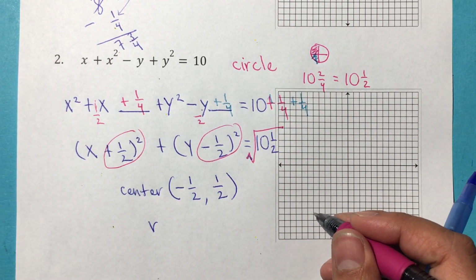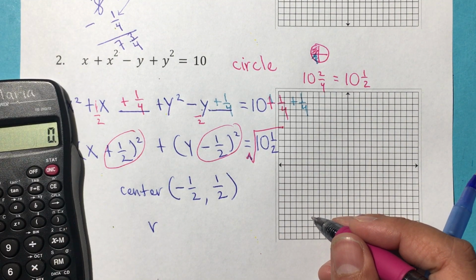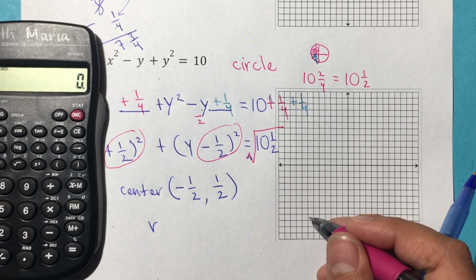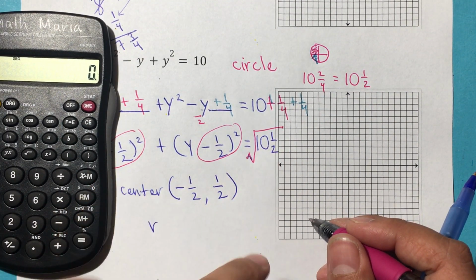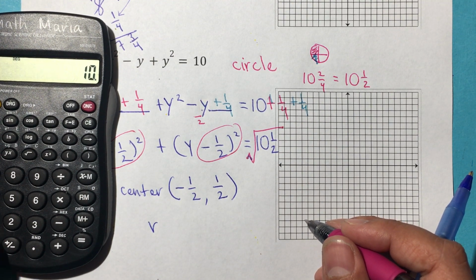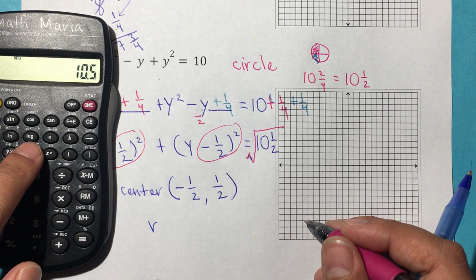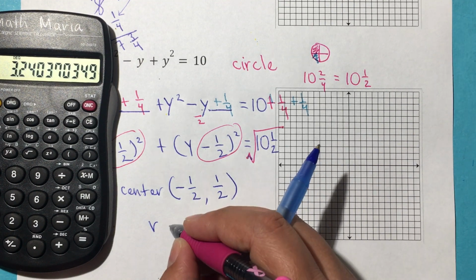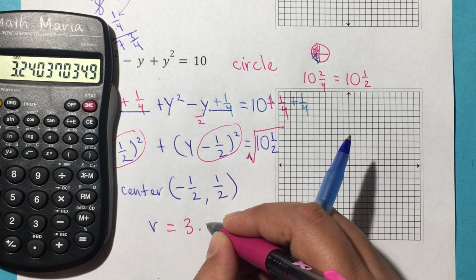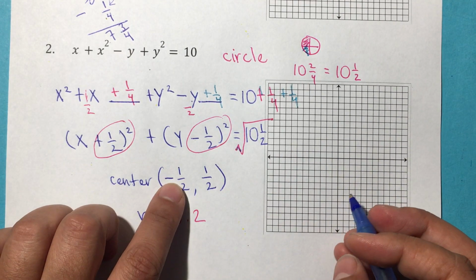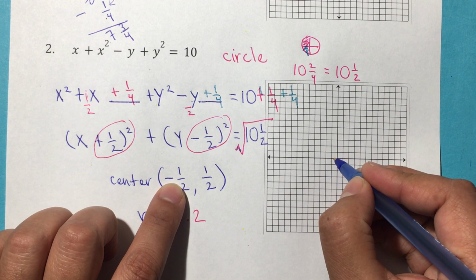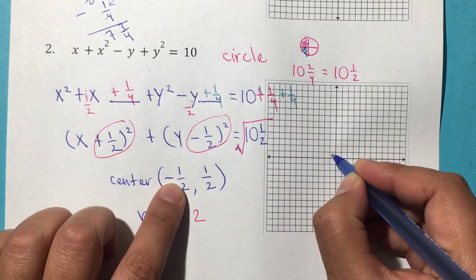So the square root of 10.5, take the square root, and that gives us 3.2. Now the center is negative 1/2, positive 1/2, so right there.